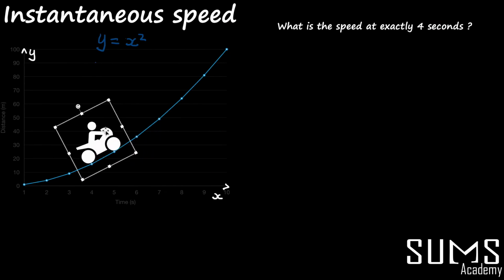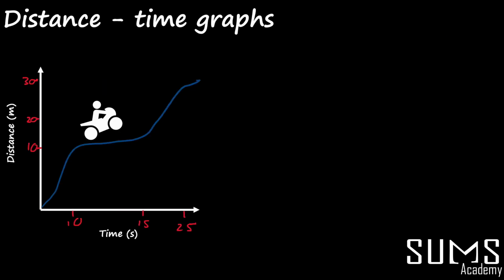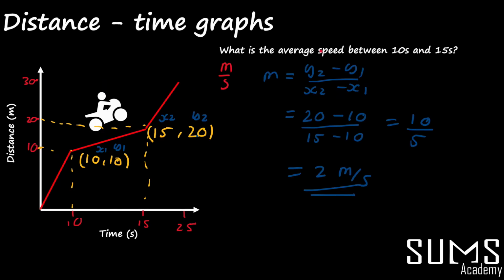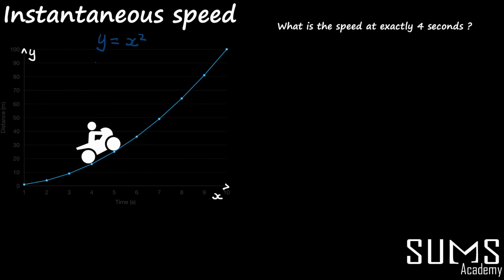So I'm going to start off using our gradient formula again to solve this problem of what is the speed at exactly 4 seconds. In the previous question, we were asked what is the average speed between 10 seconds and 15 seconds, but in this one, we're being asked what is the speed at exactly 4 seconds.